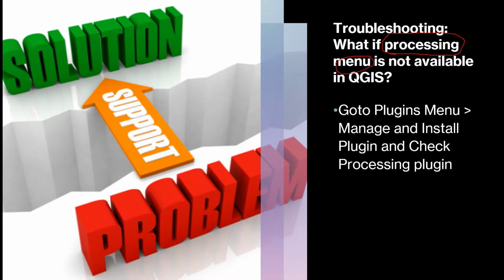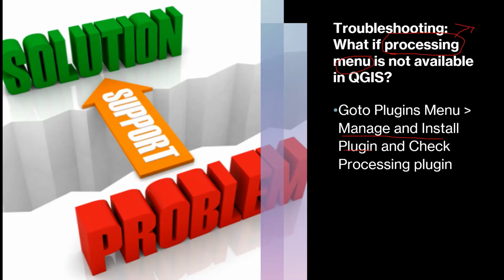Because the processing toolbox can be accessed from the processing menu, in this case you will go to the plugin menu, then click on manage and install plugin.